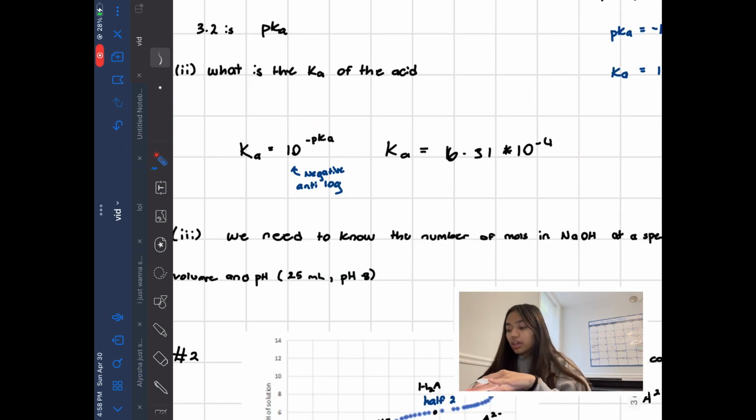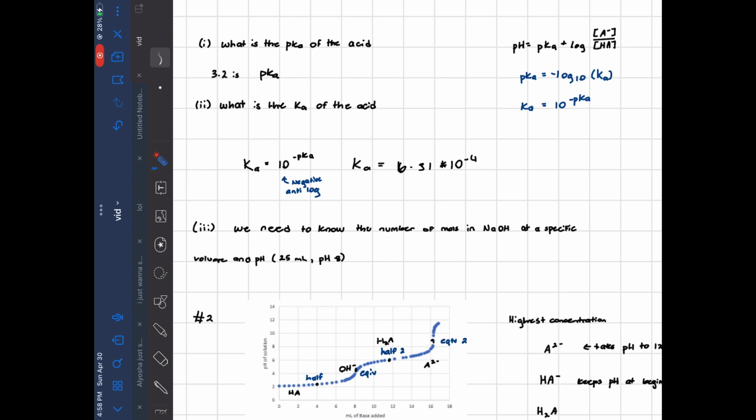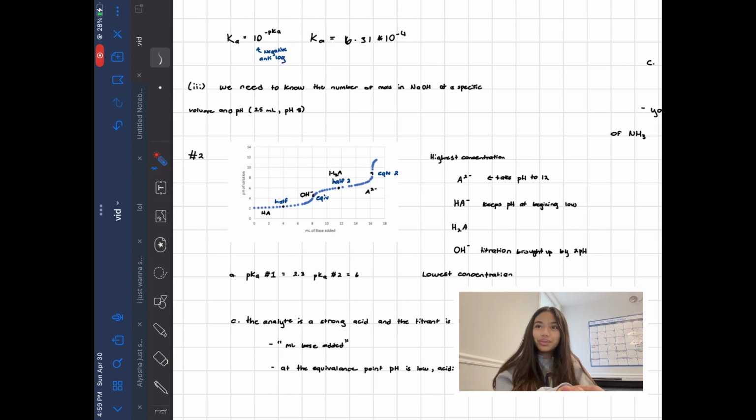We need to know the number of moles of NaOH at a specific volume and pH, which answers the question, what specific value from this graph is needed in addition to the information in part C above to calculate the molar concentration of NaOH. On to question number 2.